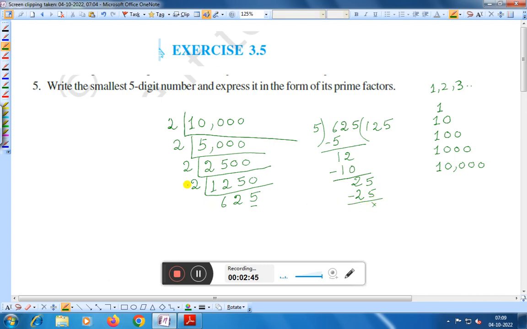That means if we divide 625 by 5, we are getting 125.